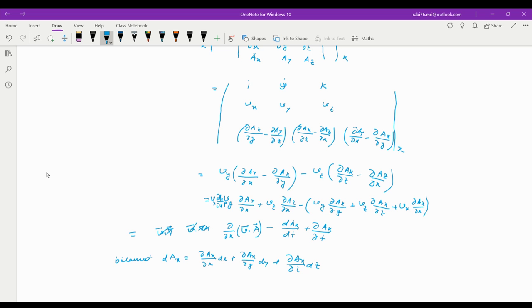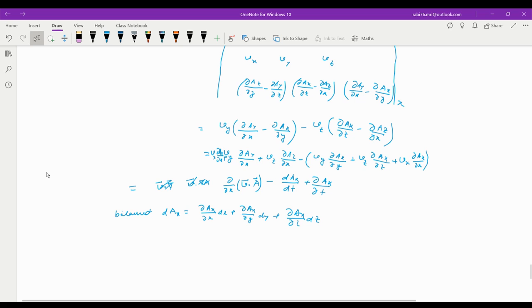Now if you take the full time derivative, then dAx dt, right, and Ax is also a function of time, so there will be another term, del Ax del t into dt.